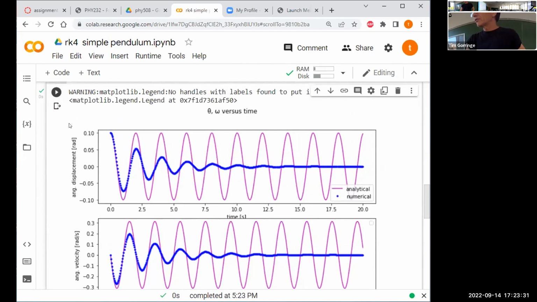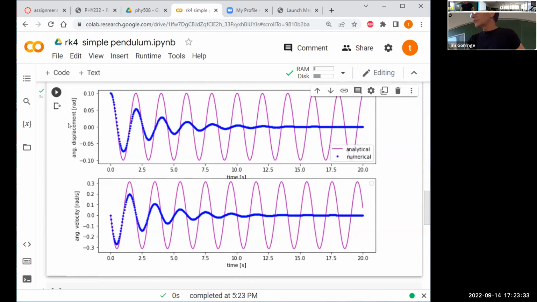And this is our result. So this is the effect of damping from a numerical solution. Remember, the magenta is still just the old simple pendulum with no damping, no driving force. And in blue, you see that the oscillations are damped out, decreasing with time.